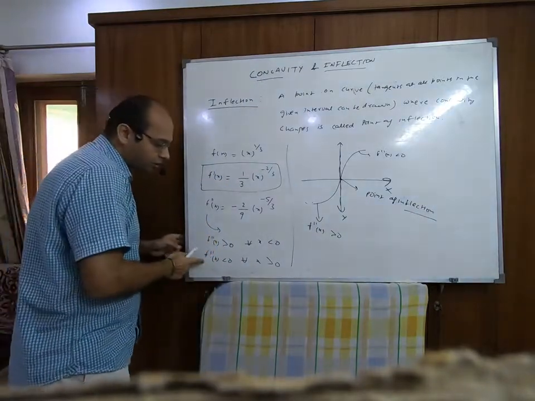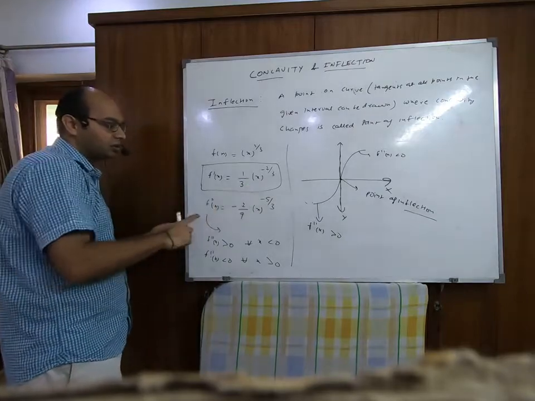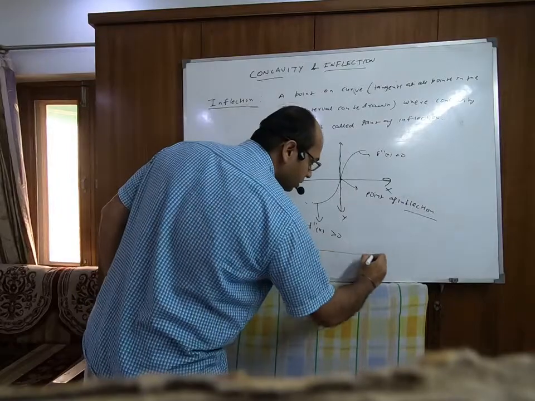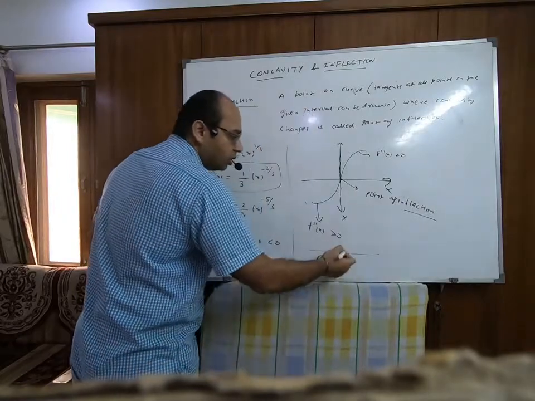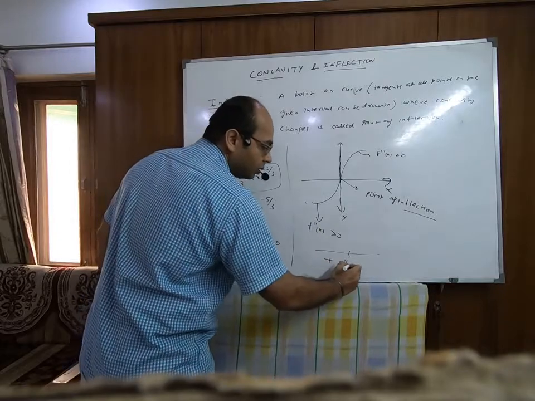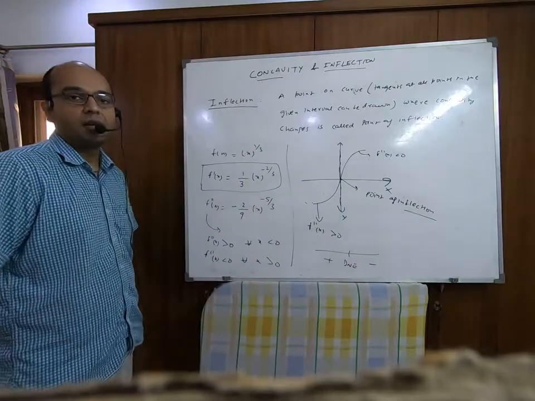But if I discuss f double dash x at 0, neither f dash x exists nor f double dash x exists. So I can say till 0 f double dash x was positive, then it became does not exist at a point, and then it becomes negative.